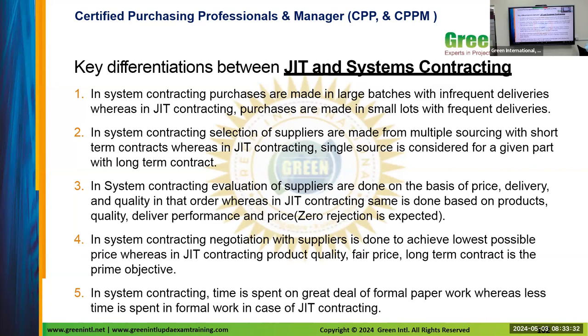And it should have a good product quality commitment. The supplier chosen for just-in-time should have very stringent quality control measures. In system contracting, a great deal of time is spent on formal paperwork, whereas less time is spent on formal paperwork in just-in-time contracting.